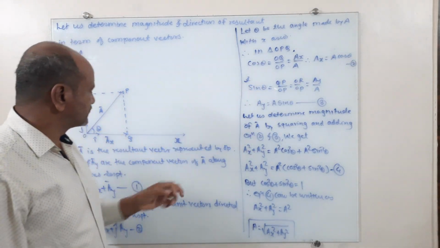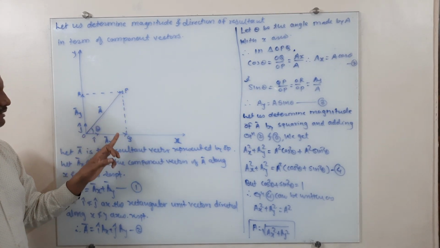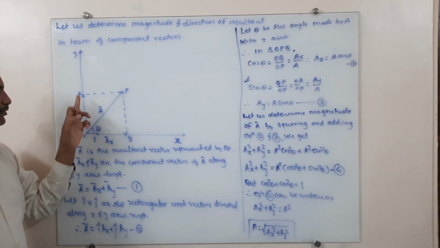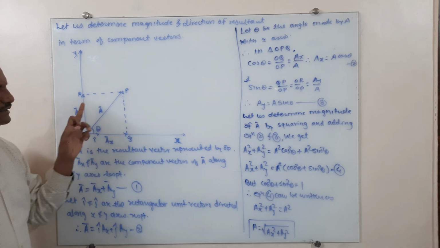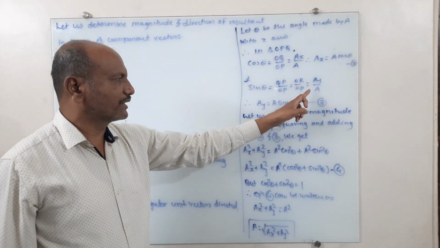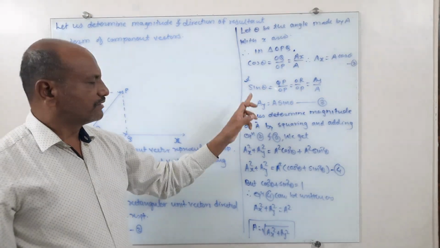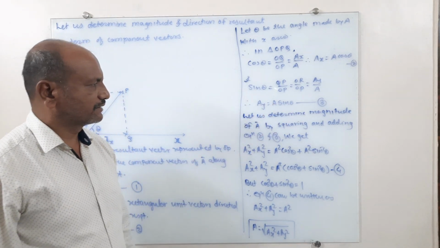Sin theta is equal to QP upon OP. But QP is equal to OR, which is equal to AY. Therefore, sin theta is equal to AY upon A, and finally AY is equal to A sin theta.